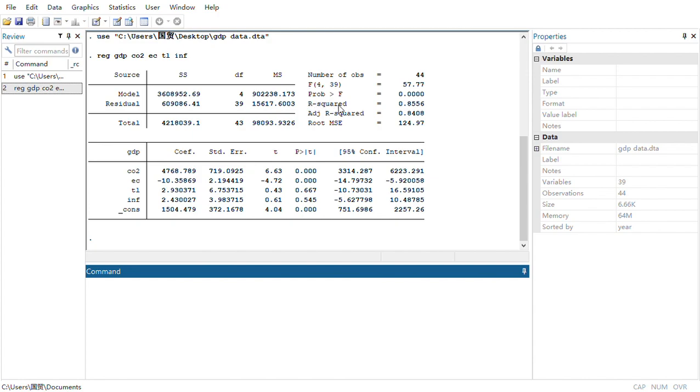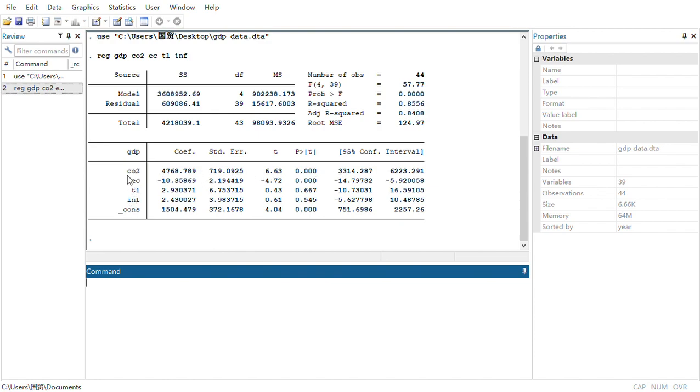We look at the R square. A high R square means it's a very robust result. Then you look at the adjusted R square, then you come and look at the results. Stata will display our main dependent variable, GDP, and then this side shows the independent variables.